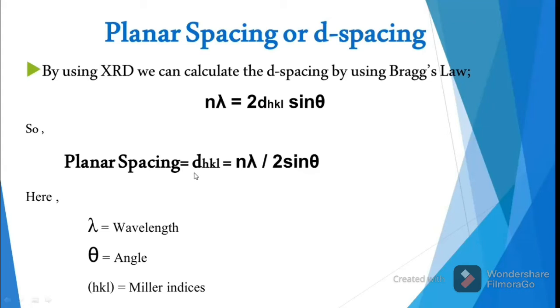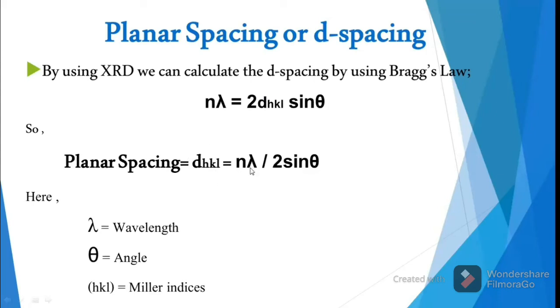Planar spacing, that is equal to d HKL. Now whenever we want to calculate d HKL, we will shift 2 sine of theta to the other side of the equation. So when we shift it, it will become n lambda divided by 2 sine of theta. So we can calculate d. It is very simple to calculate this.